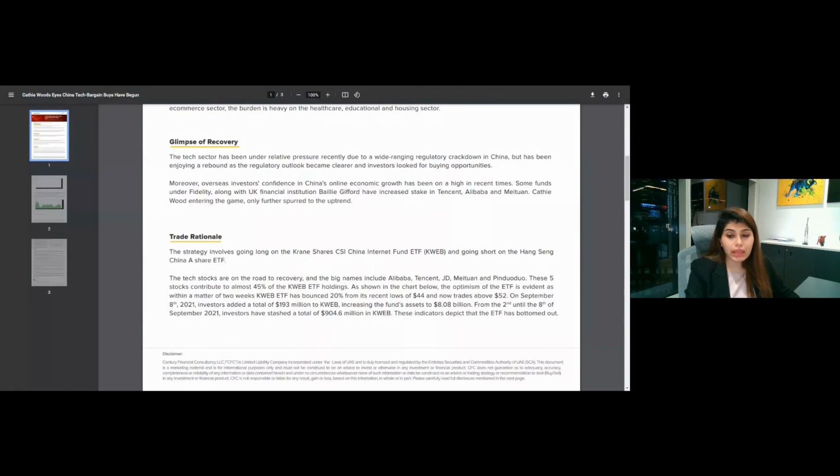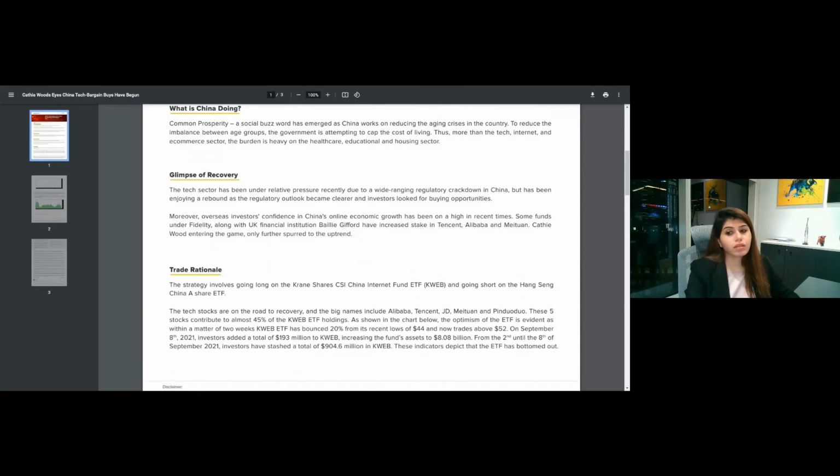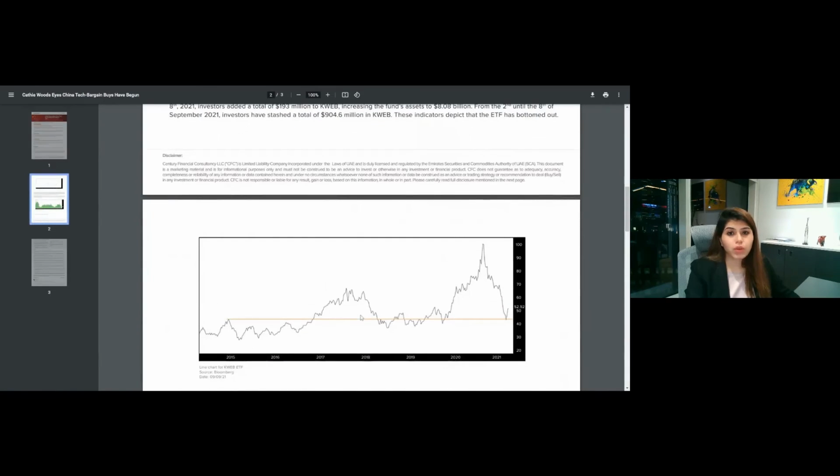And these days, the regulations on the China tech sector have started coming down, which is obviously a positive factor for the tech sector in China. So these stocks are benefiting. On the other hand, like I said, because the government is trying to bring down the cost of living, the stocks in the Hang Seng ETF are likely to witness some slowdown.